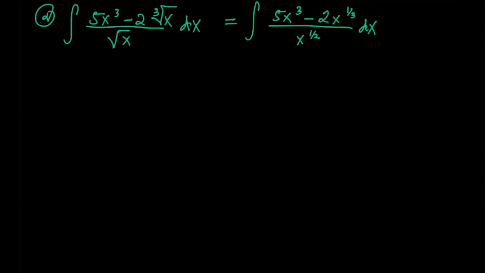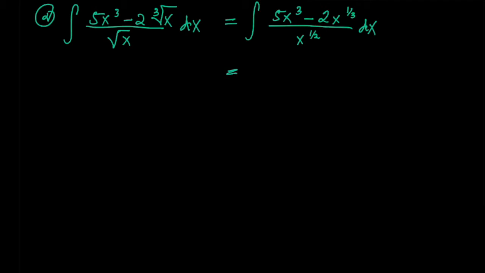When it's like this, we can divide. As you can recall, in laws of exponents, when we're dividing variables with the same base, here the base is x, we can just subtract the exponents.